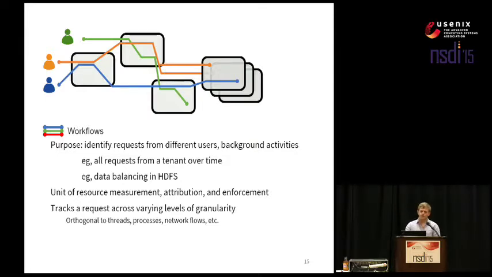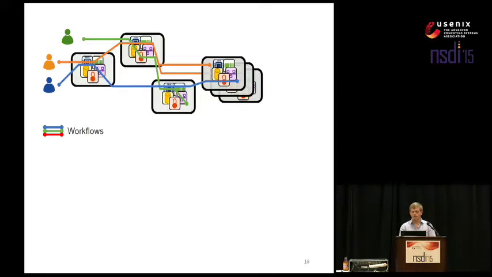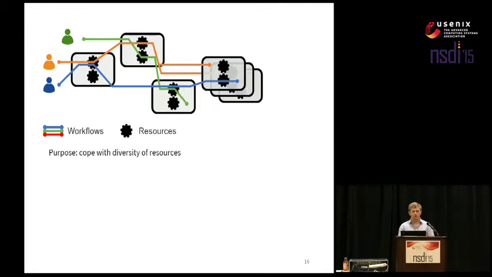Next, Retro needs to be able to cope with the diversity of resources consumed by workflows, and we introduce an abstraction for resources. We don't want to care about their low-level implementation details. In fact, to manage resource usage, we only really need to care about two things. First, we need to identify which resources are overloaded, and second, we need to identify who is responsible for overload.